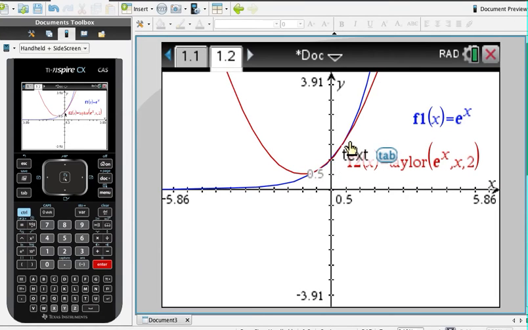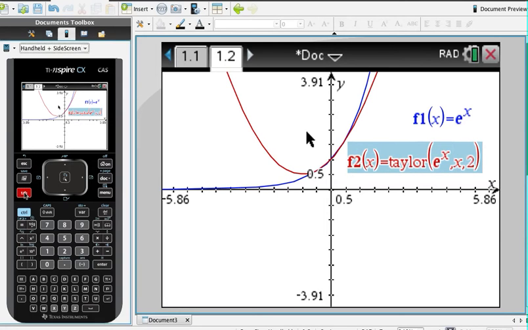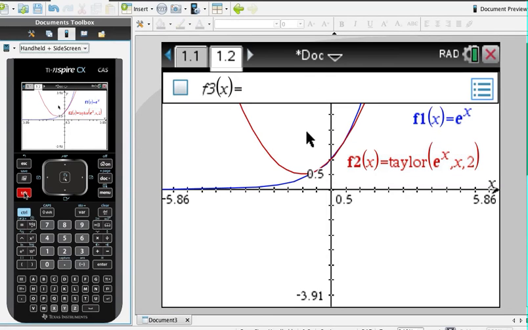And we see that we get a better match near x equals 0 on the e to the x function. So now as I increase the terms, the degree of the Taylor polynomial, the match between the Taylor series and the function e to the x is getting better and better.